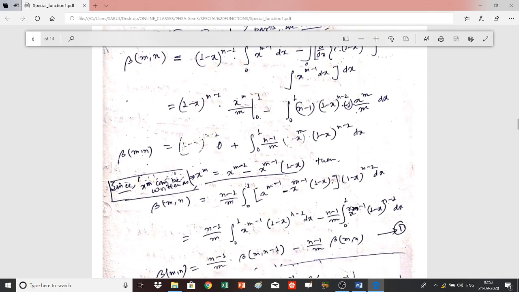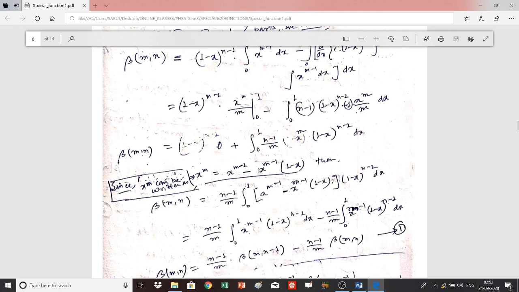So now also look at this term x to the power m. Can we write this in this form? x to the power m is equal to x to the power m minus 1 minus x to the power m minus 1 into (1 minus x). Just do it, and you will get this.